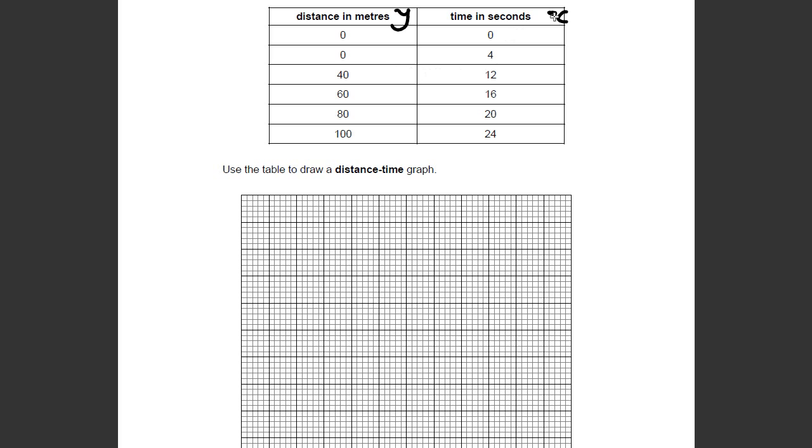Okay, you need to get them the right way around. Time goes from 0 to 24, so I'm going to leave it as 4s because they're all multiples of 4, so I'm going to go up in 4-second increments, but that is 6 lots of 4 to get to 24. 6 times 4 is 24, so I need to draw an axis with 6 lots of 4.